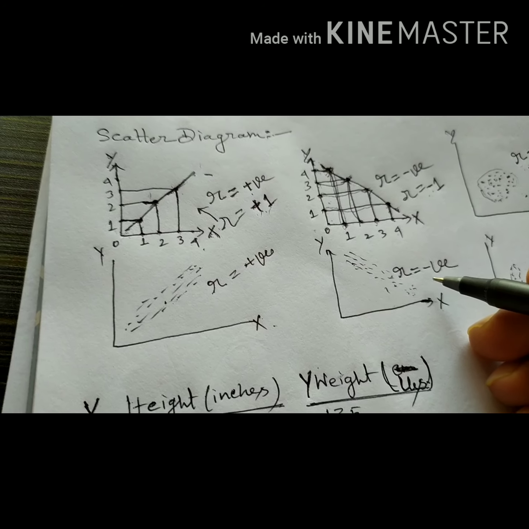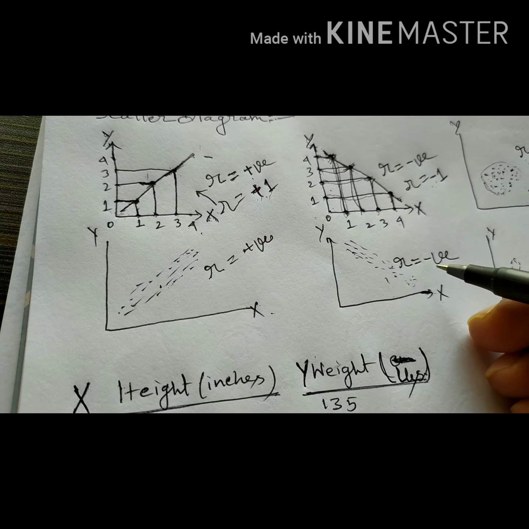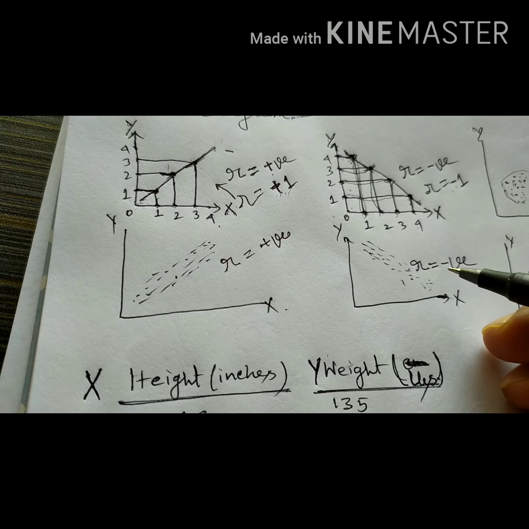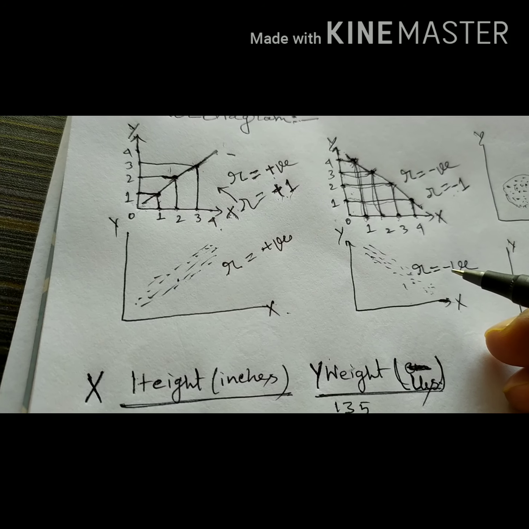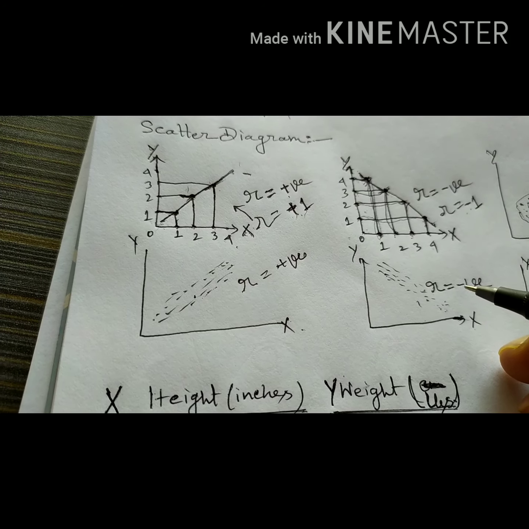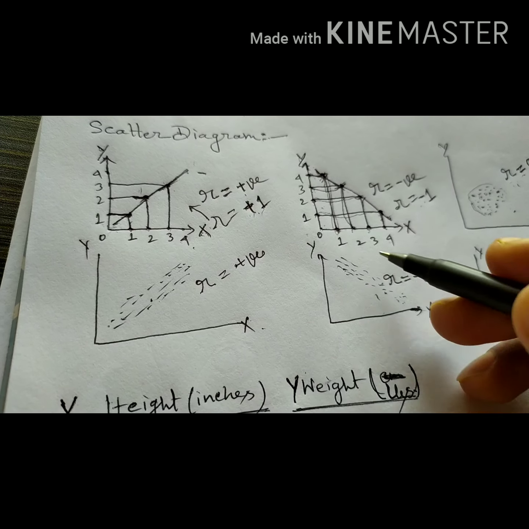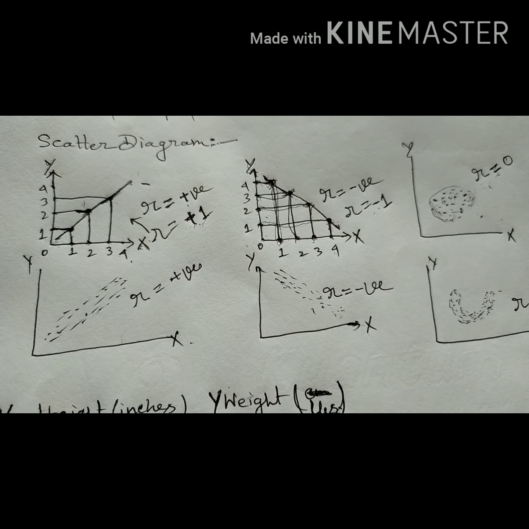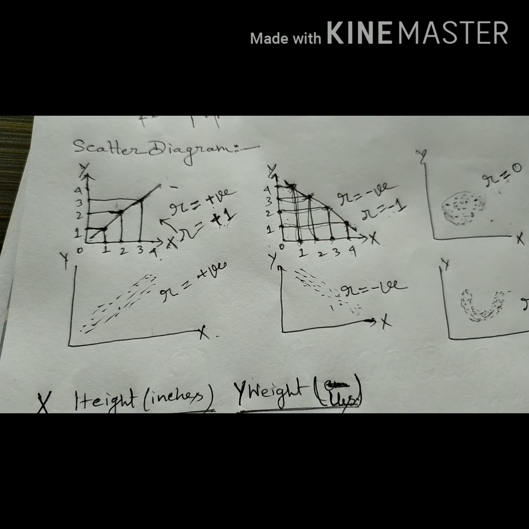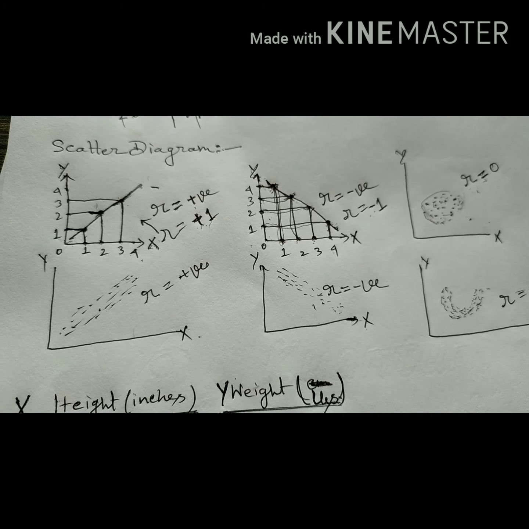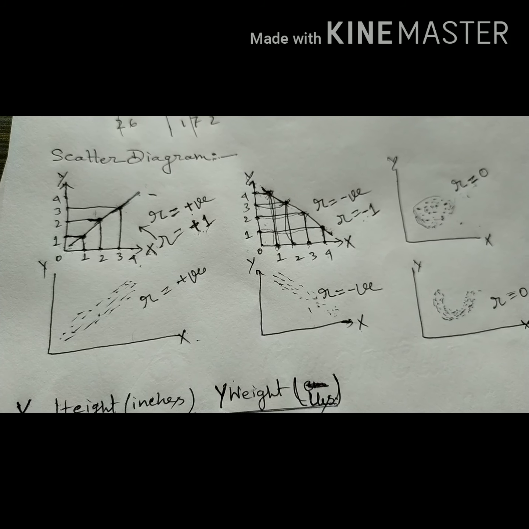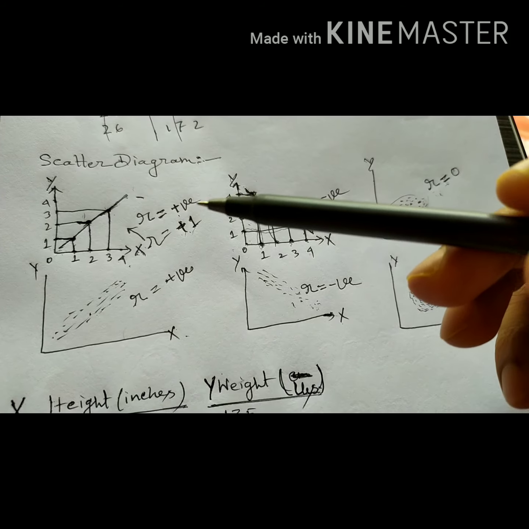So from this scatter diagram we can make a relationship between the two variables x and y. X is the height of a student and y is the weight of a student, and we make a relationship between the two variables x and y with the help of a scatter diagram. A scatter diagram indicates the nature of association between the two variables, x and y, and the type of correlation between them.